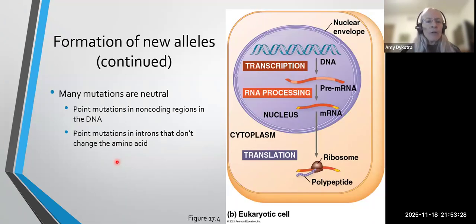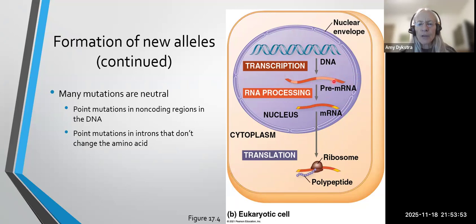Now, many mutations are neutral. So we talked about how most mutations are harmful. Many mutations are neutral because maybe the point mutations happen in non-coding regions of the DNA. So here's the information flow diagram where DNA is copied onto a pre-RNA transcript.